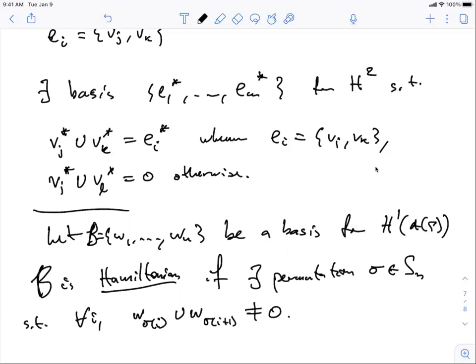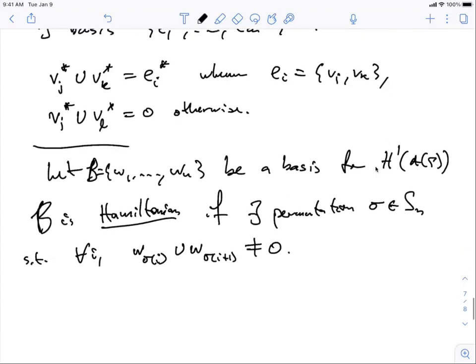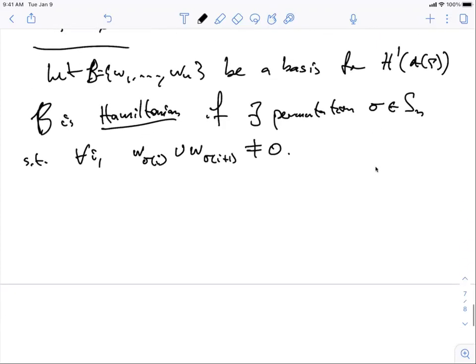I'm sweeping one detail under the rug here, whether i can be equal to n. Whether you're interested in Hamiltonian cycles or Hamiltonian paths, it doesn't really matter, so I just won't specify here.